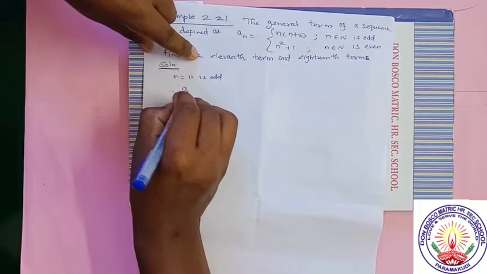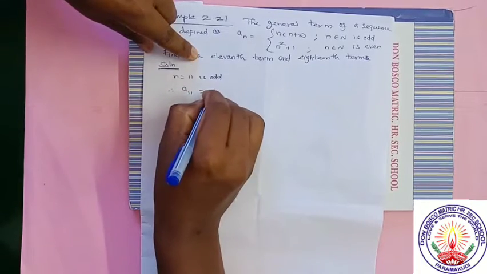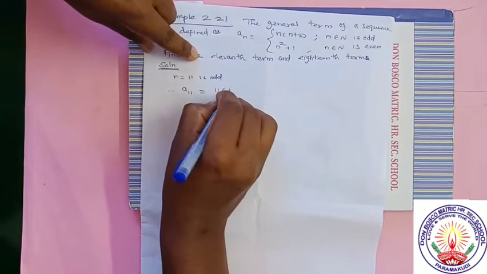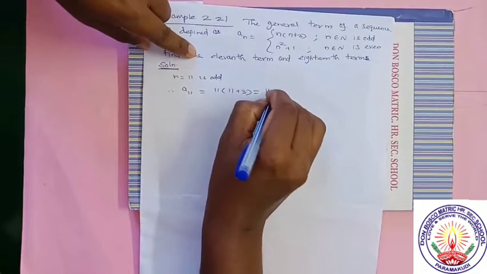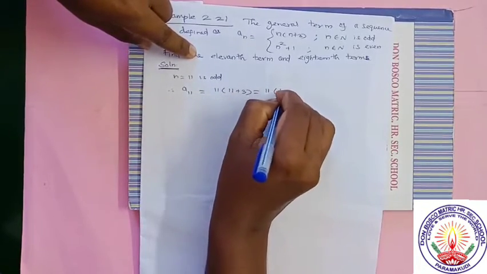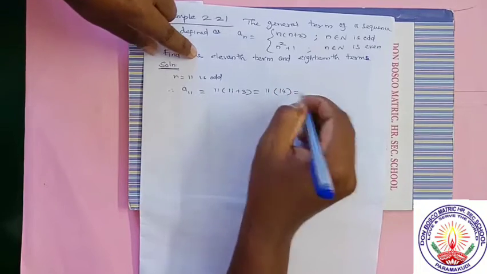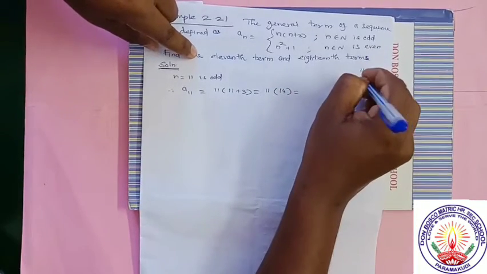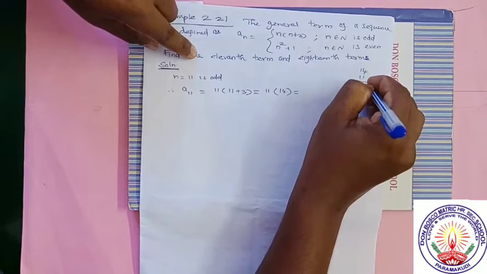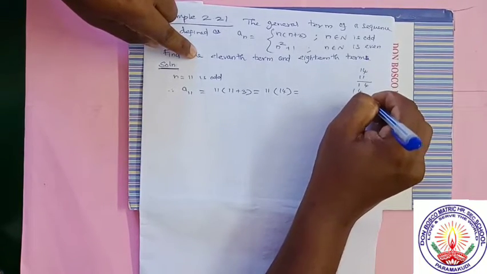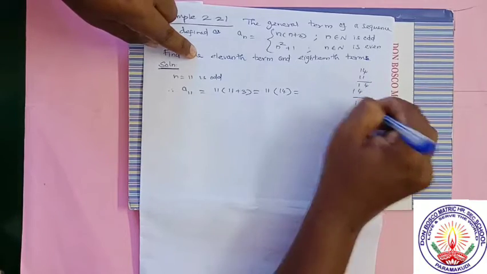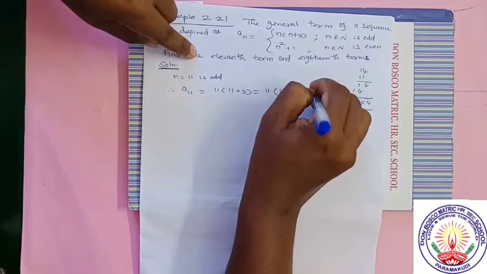Therefore, a11 is equal to 11 into 11 plus 3, which is 11 into 14. Multiply 14 with 11: 1 4 is 4, 1 1 is 1, 1 4 is 4, 1 1 is 1. Answer 154.